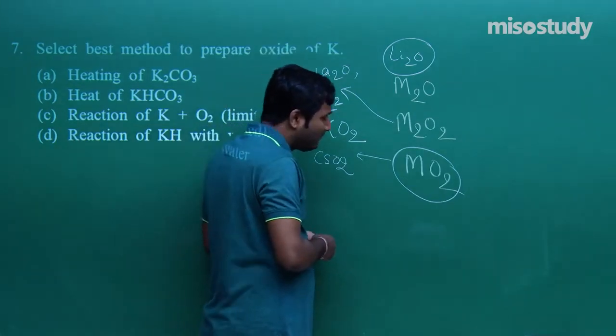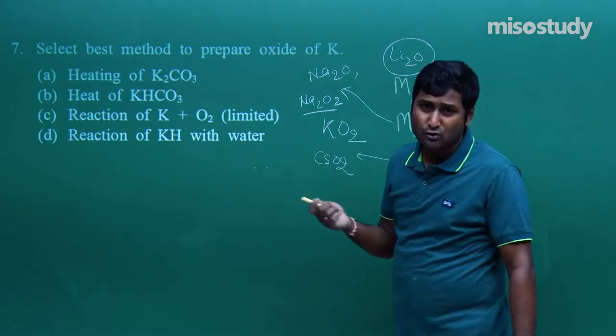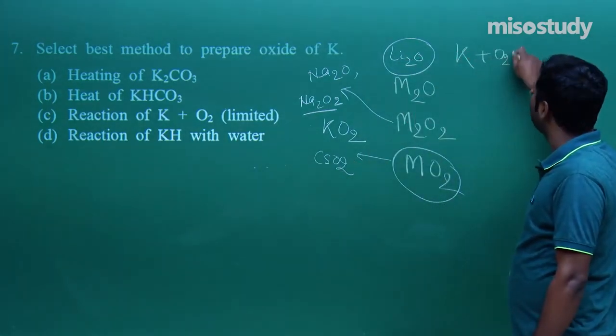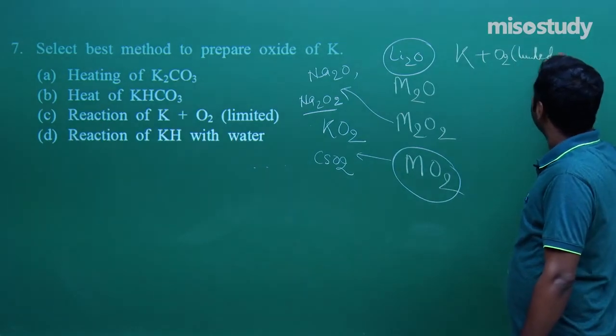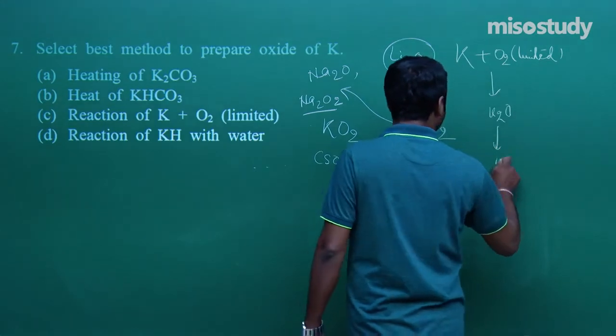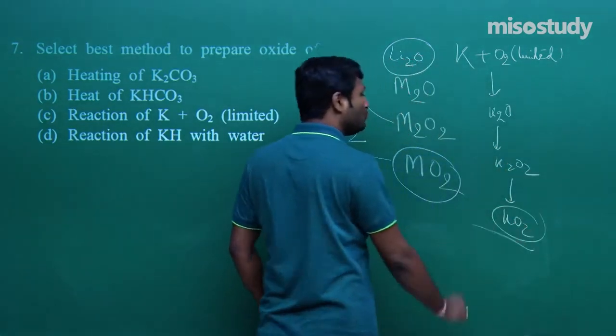If I talk about lithium, it forms Li2O, generally Li2O2. So here, if you want to prepare the oxide of potassium, then what is the good method? Potassium on treatment of limited oxygen easily gives first K2O, then K2O2, then the stable one, KO2. This is a superoxide.